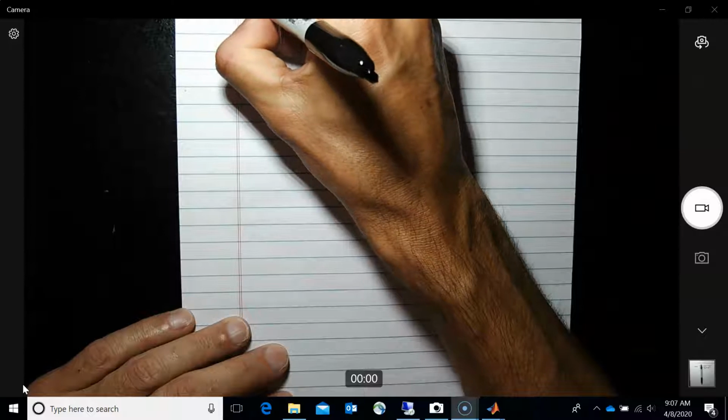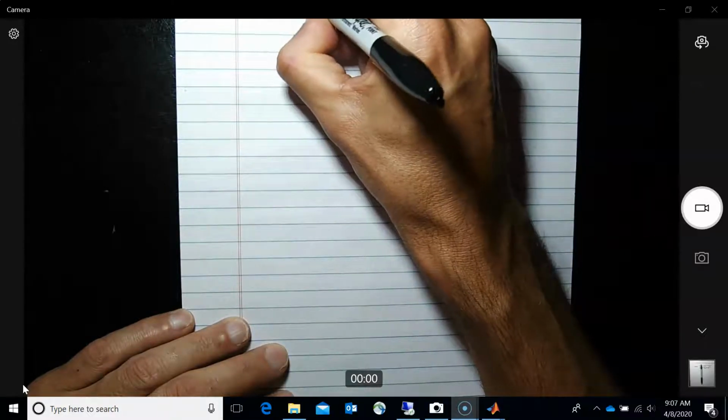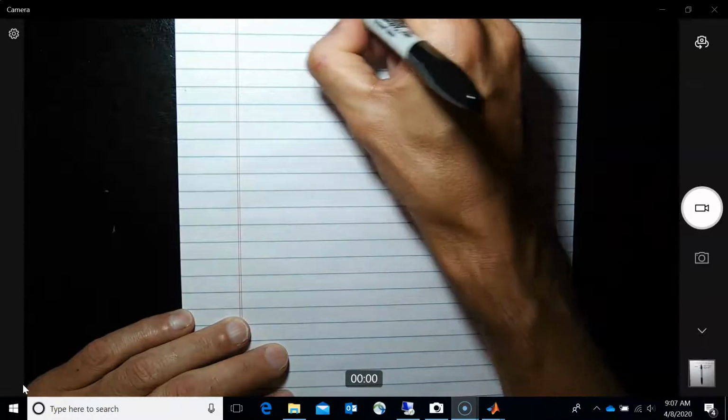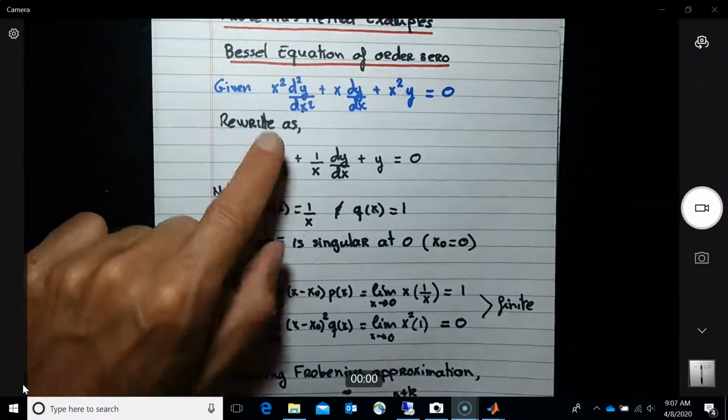Substituting into the ODE. Okay, again the ODE is this equation over here. So what do we have?